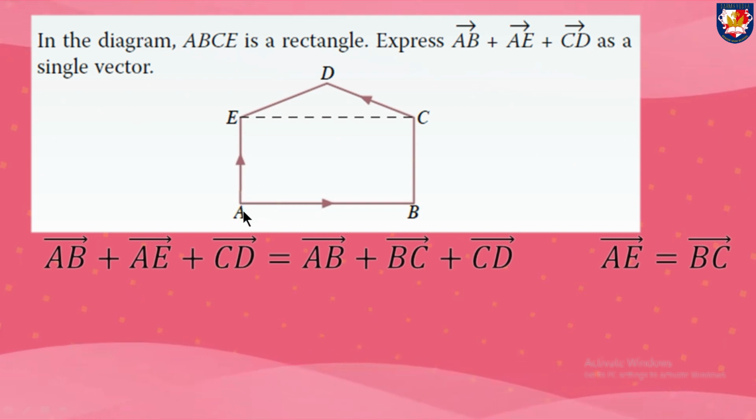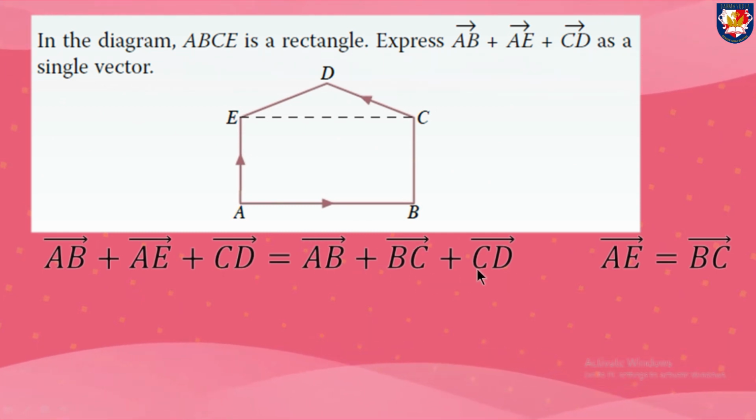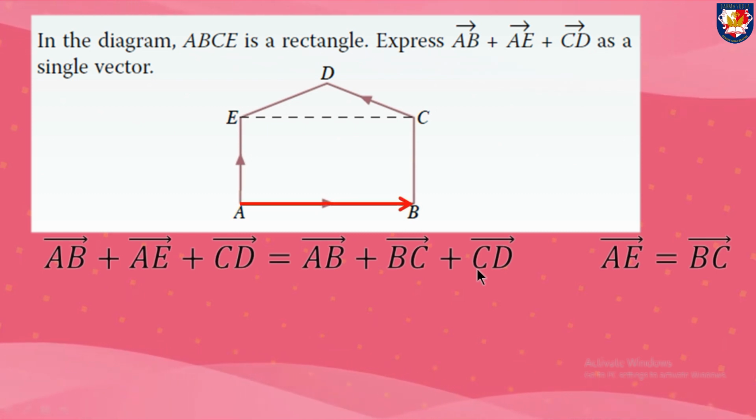As you can see here, factor AE has the same magnitude as factor BC and they have the same direction. So now we're going to find factor AB plus factor BC plus factor CD. So factor AB, this one, plus factor BC, this one, and pay attention to this point.